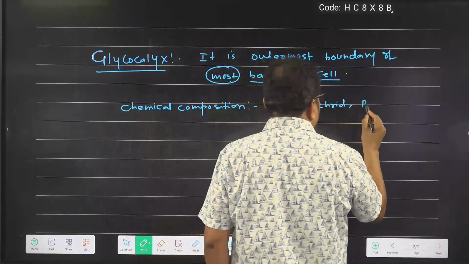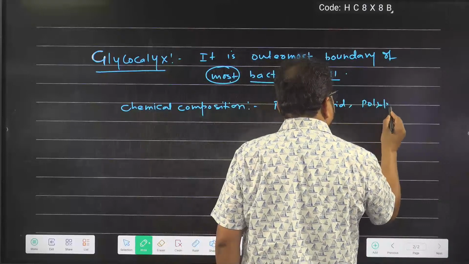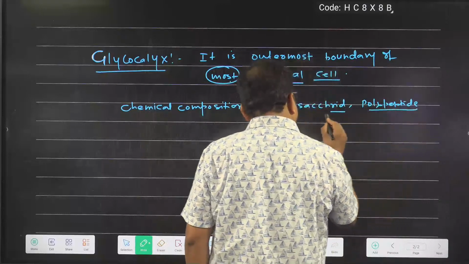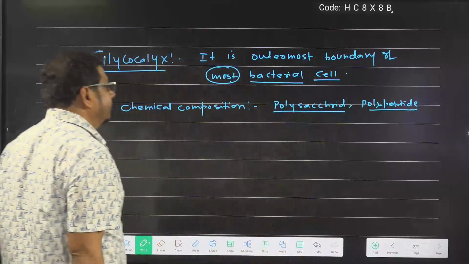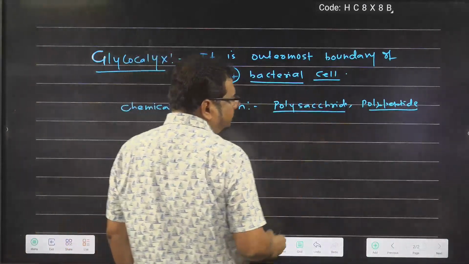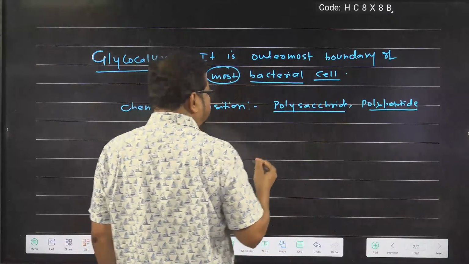Even it is made up of polypeptide. It depends upon the environment where the bacteria is present. Either polysaccharide or polypeptide is there.